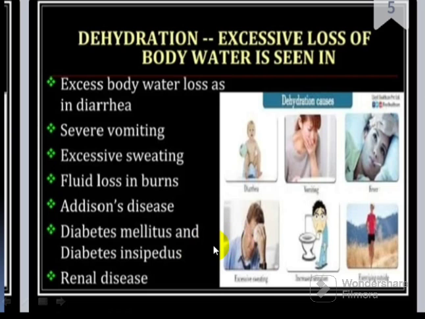Too much sugar. Excess sugar or glucose in the body as a result of insulin deficiency.